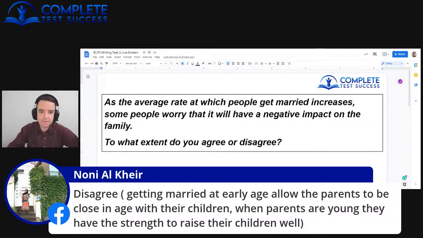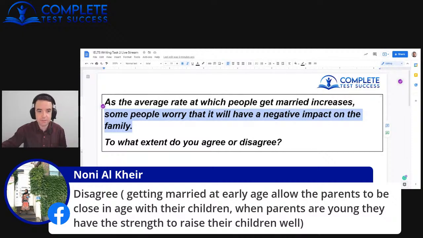When parents are young, they have strength to raise their children well. Okay, so you have explained it. This is one main idea, and you're saying that would have to be you agree, not you disagree, because the question says some people worry that it will have a negative impact on the family. So if you are saying it's better to get married younger, then you disagree with these people. Oh my God, I'm getting all mixed up.